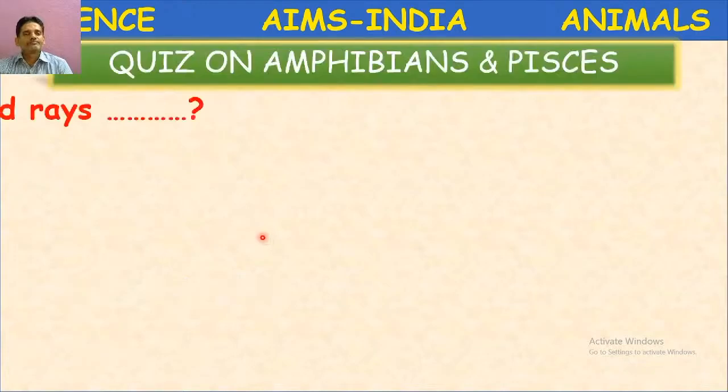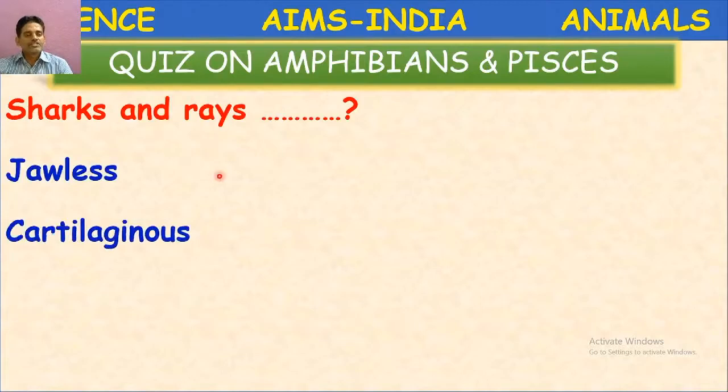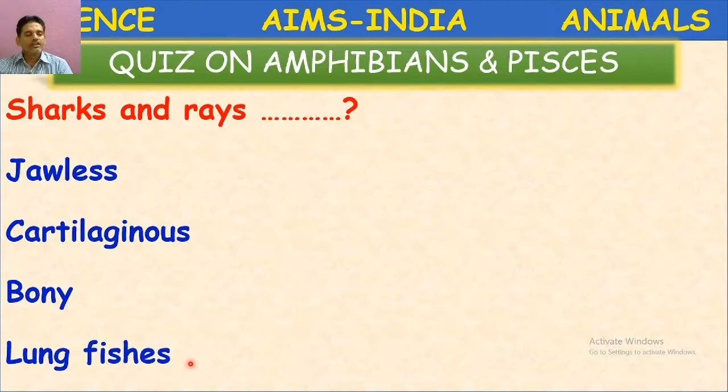Next, sharks and rays. These are which type of fishes? Jawless, cartilaginous, bony, lung fishes. The lung fishes are called dipnoid fishes. So here, jawless fishes, petromyzon and myxine, hagfishes they are called.